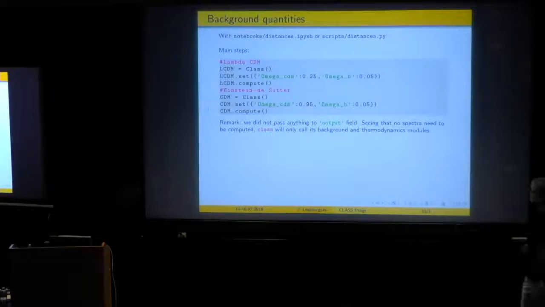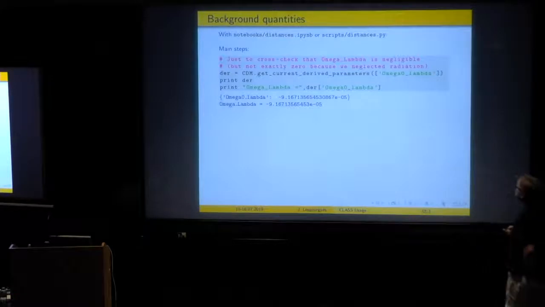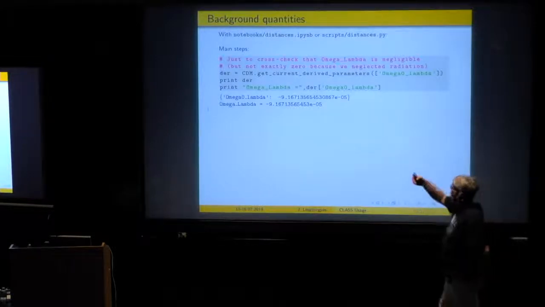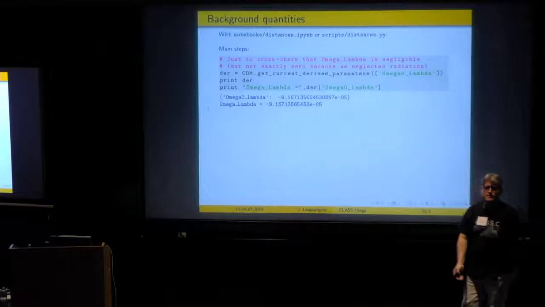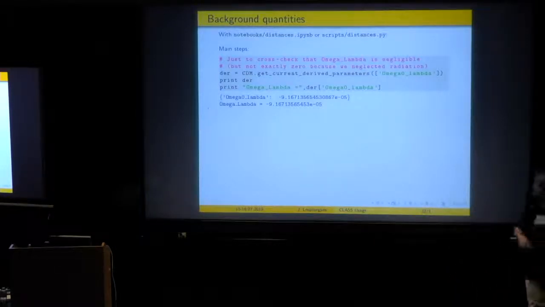And we should check it because there is a very useful function in the wrapper, which is get_current_derived_parameter. And as you shall see, when class runs, it produces a long list of so-called derived parameters, and you can always extract any of them if you need them. In this example, I want to be sure of what was the omega lambda that class has determined by itself.